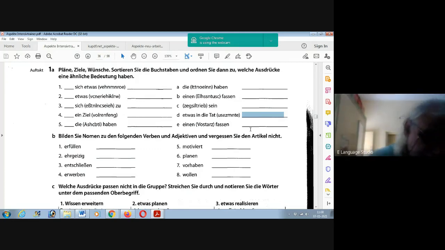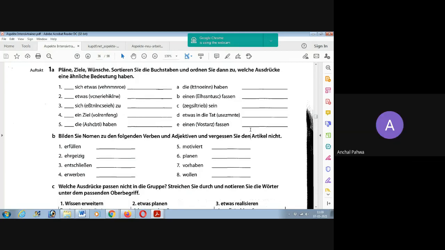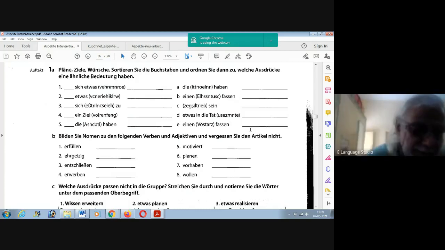To take up something. So, in other words, you decide to take up something. You make a resolution. You make up your mind. So that is your sich etwas vornehmen oder einen Vorsatz fassen.